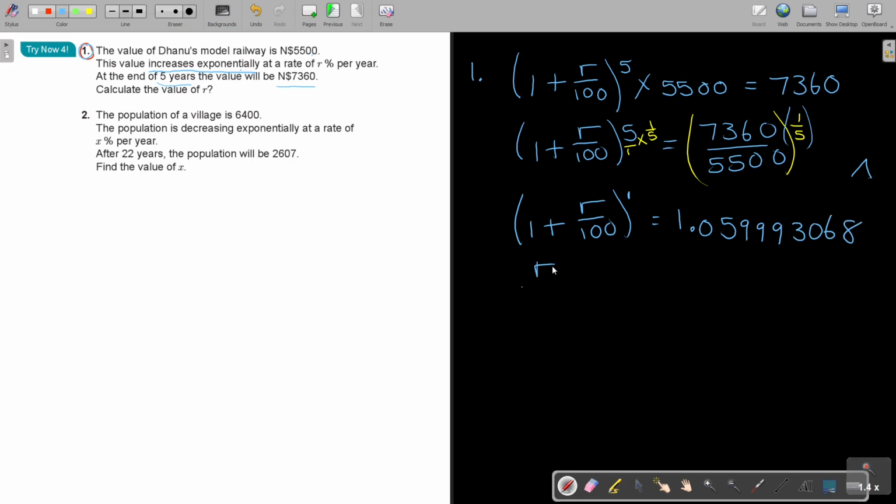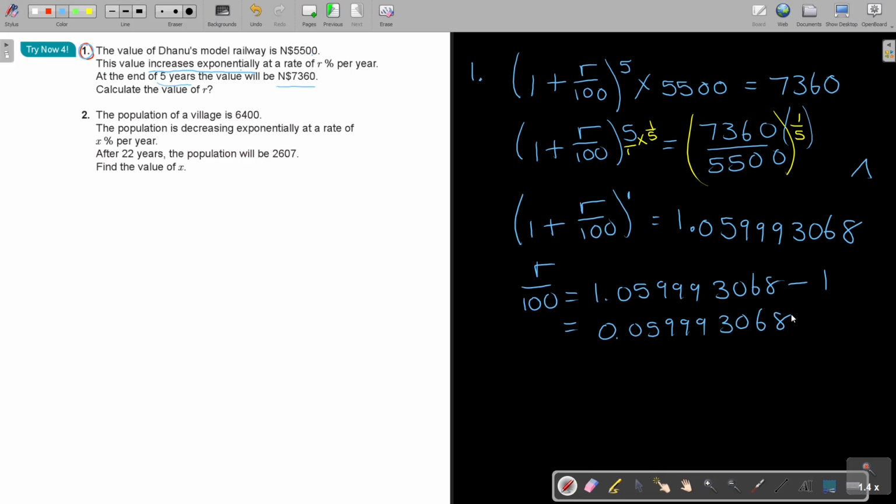So now I have R over 100, and it's going to be 1.059993068. Subtract the 1, so it's just going to be 0.05999368. That's R over 100.